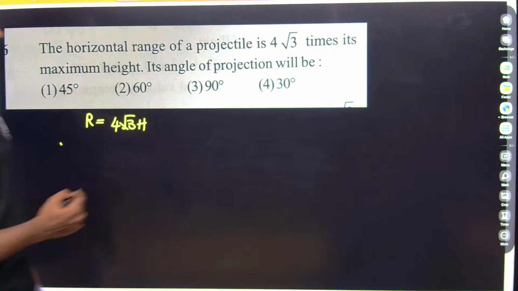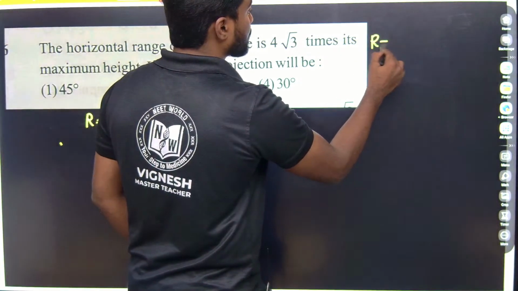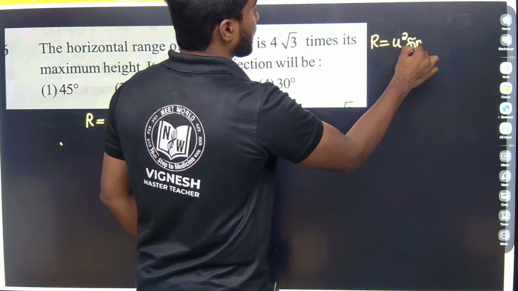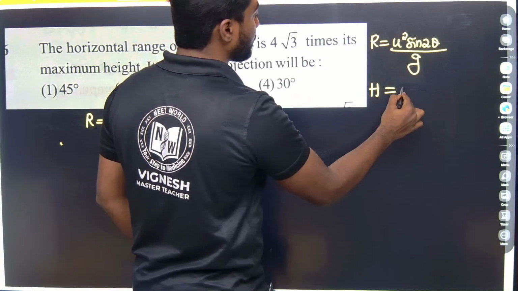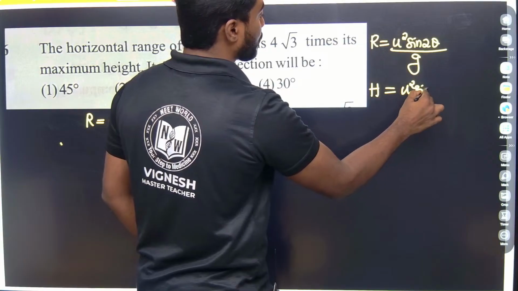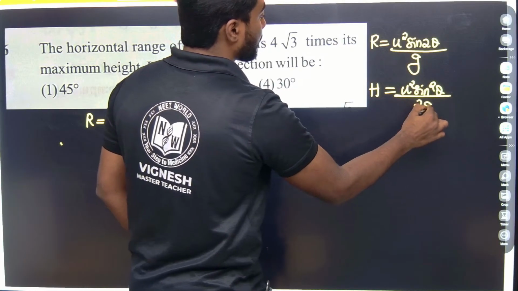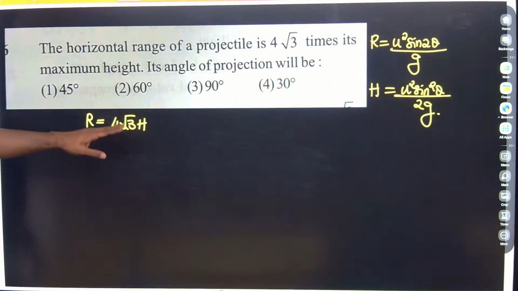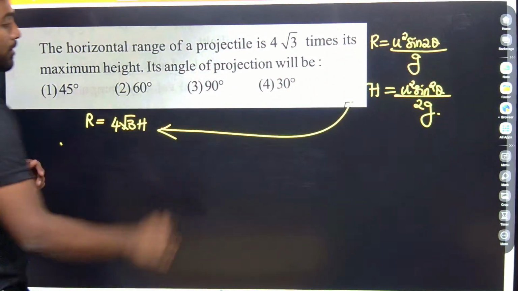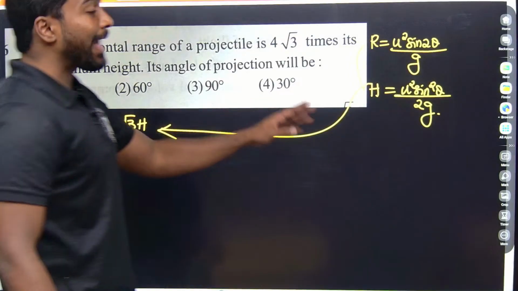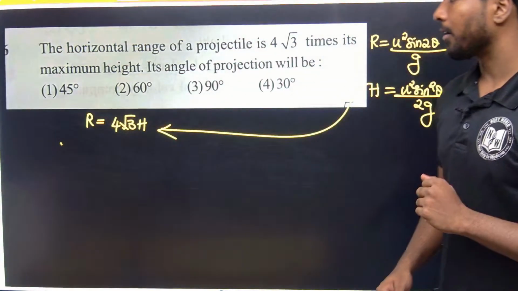What is range? Range equals u square sin 2 theta by g, where height is equal to u square sin square theta by 2g. Now take these equations and substitute them in this equation, and we will get the angle theta. I need to find the angle theta.